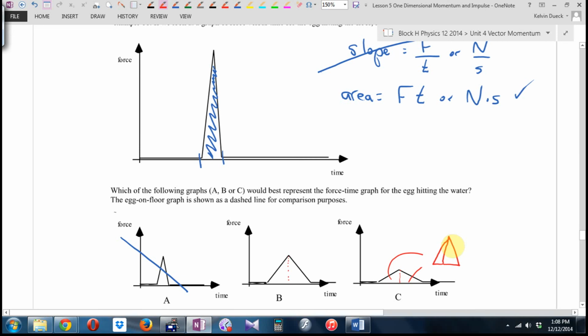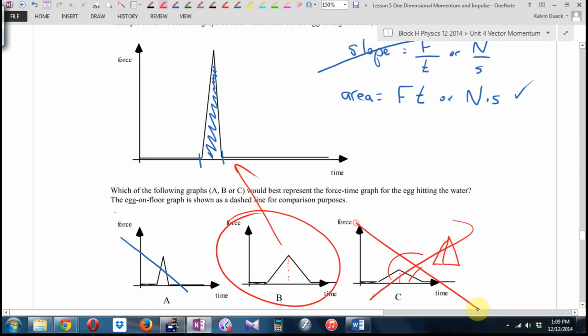Kind of like that. I think I'm leaning towards this one because when I rearrange this, I get much closer to that area. I don't think it can be this one.